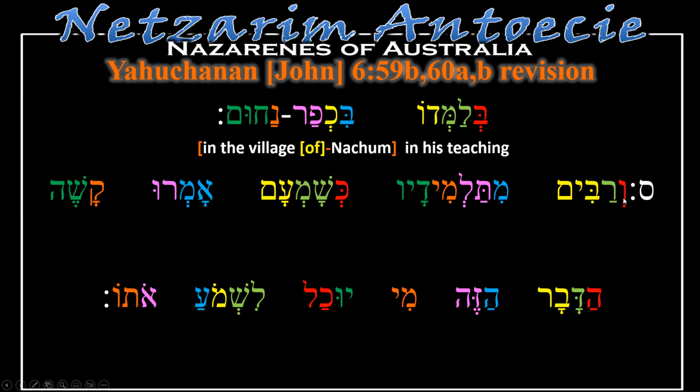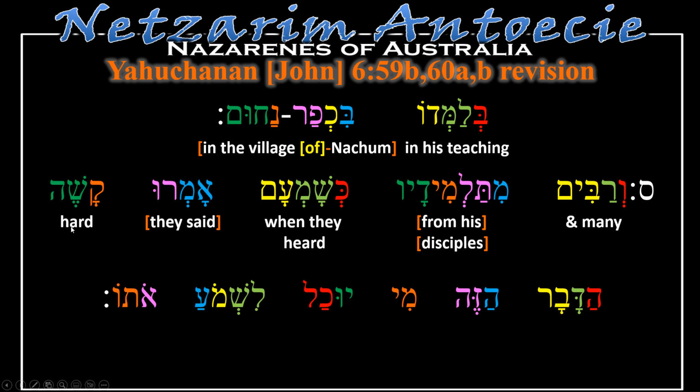So we read it. The rabbim, and many, mi talmidav, from his disciples, ke shom'am, like their hearing, or when they heard, omru, they said, kasheh, hard or difficult. And many from his disciples, when they heard, they said, hard.